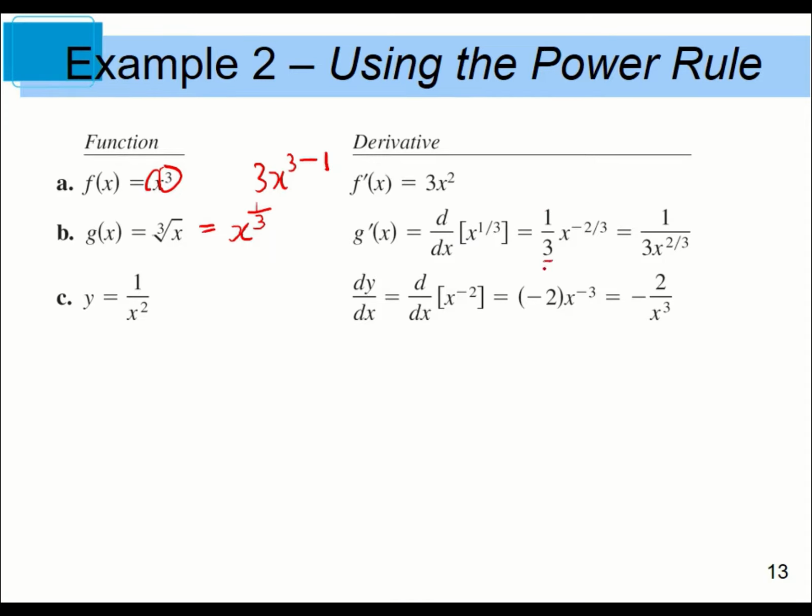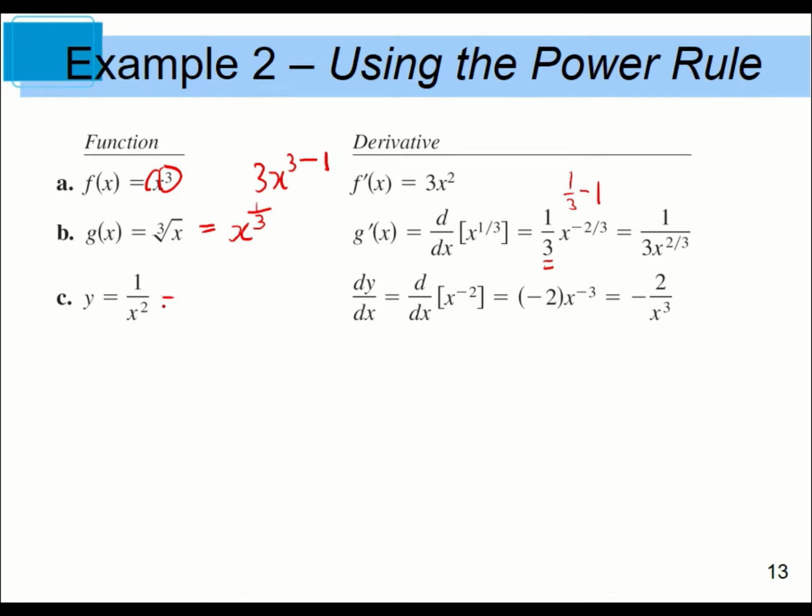After that, we have 1 over 3 minus 1, and this gives us negative 2 over 3. So the power is reduced by 1 to get negative 2 over 3, and we change back to the positive index. So we have 1 over 3 x to the power of 2 over 3.